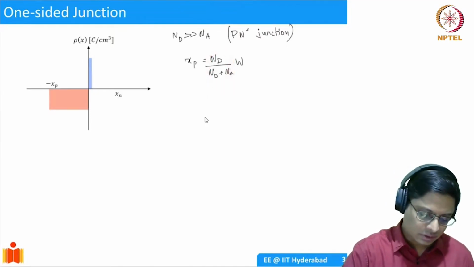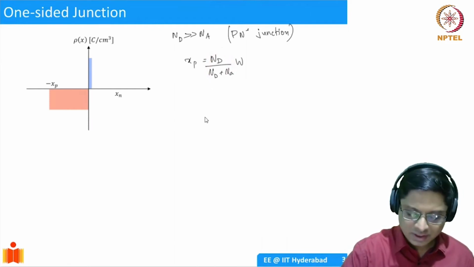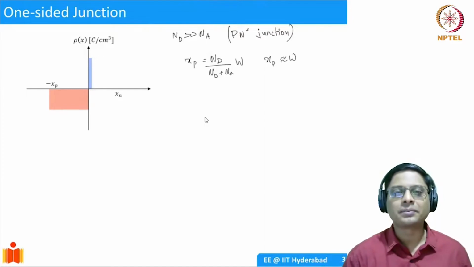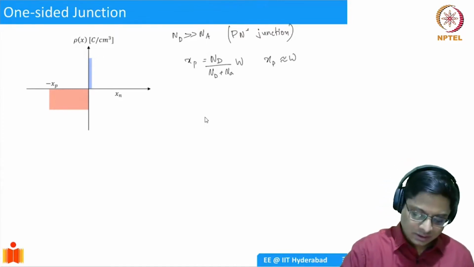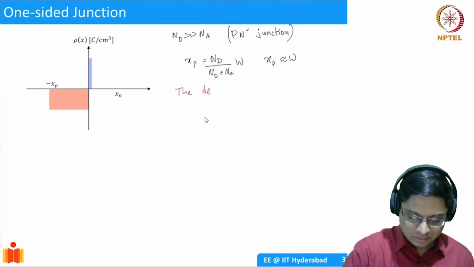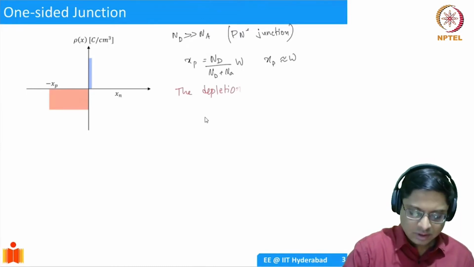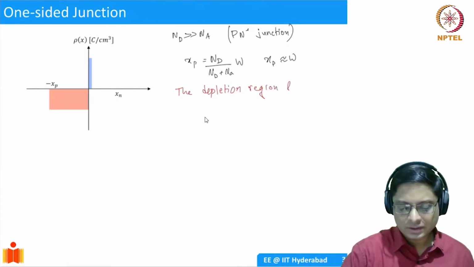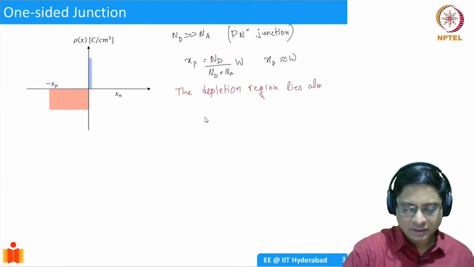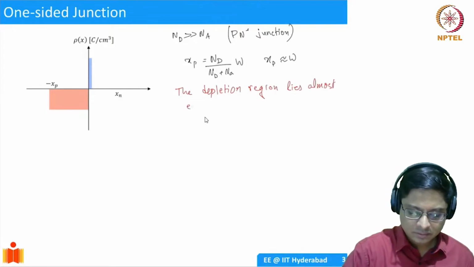So Xp becomes approximately equal to the width of the depletion region entirely. What this is telling you is that the depletion region lies almost entirely in the P-type semiconductor here.